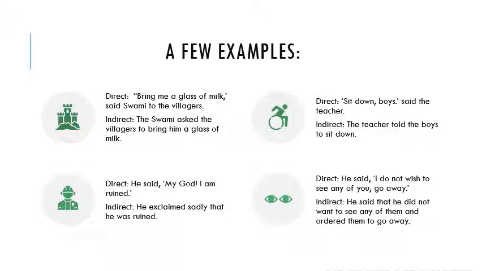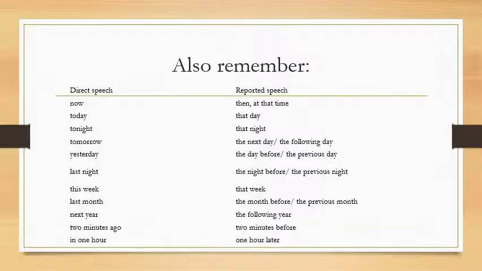Here are a few more examples. Direct speech. Bring me a glass of milk, said Swami to the villagers. Now in direct speech becomes then or at that time in reported speech. Today becomes that day. Tonight becomes that night.